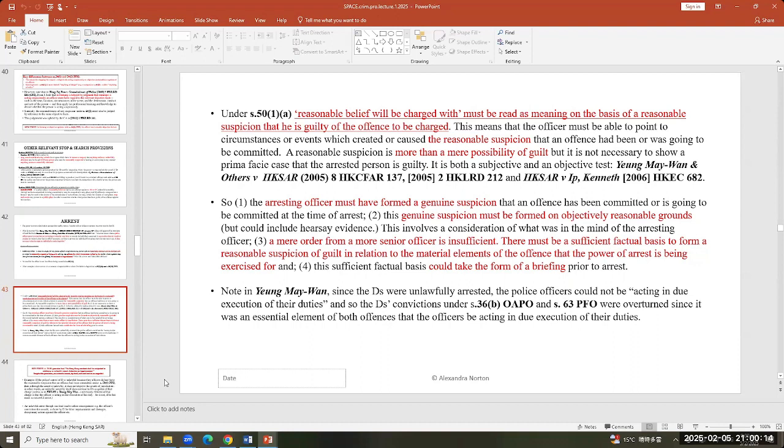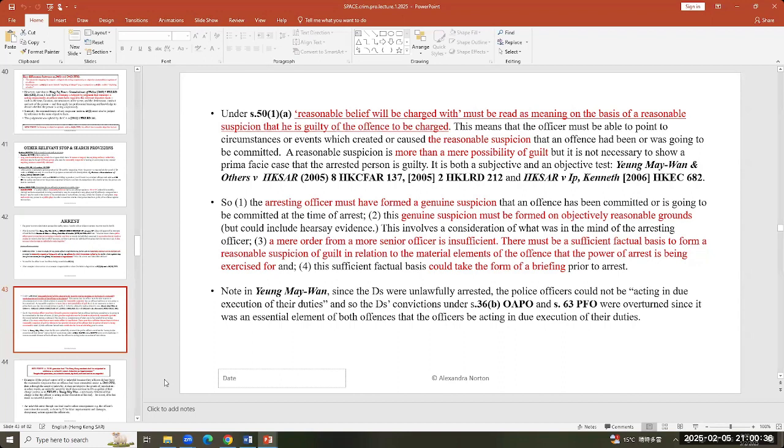So the officer who's arresting needs a genuine suspicion that an offense has been committed based on objectively reasonable grounds. They can't just rely on another officer saying to them, go and arrest this person. That doesn't provide objective facts to form this reasonable belief.